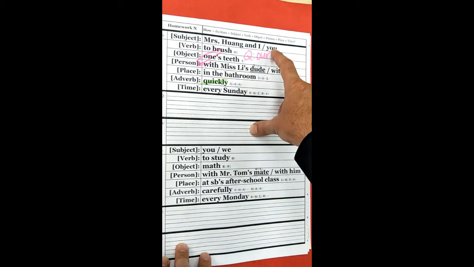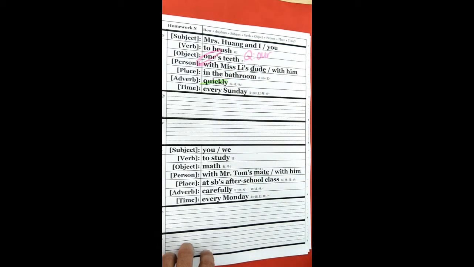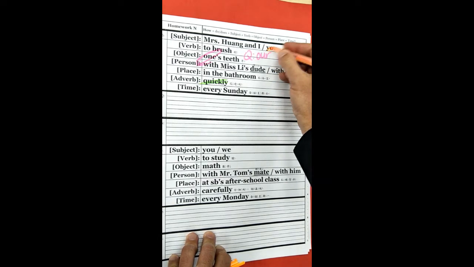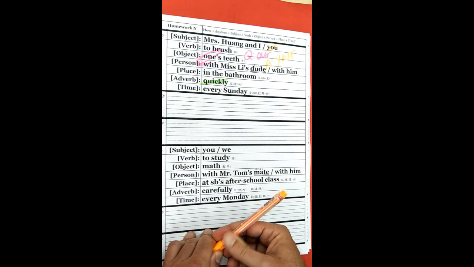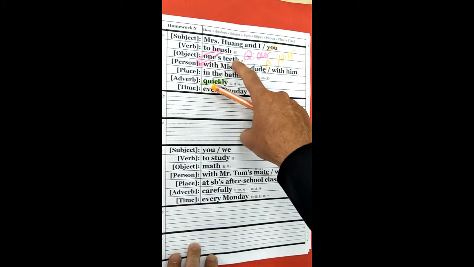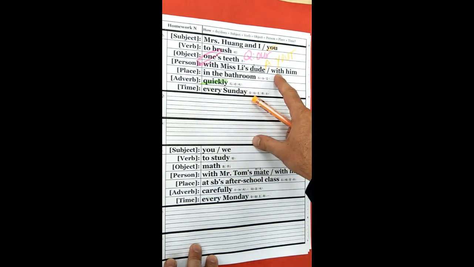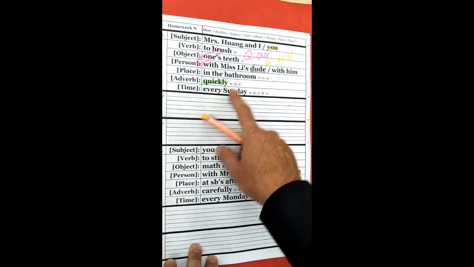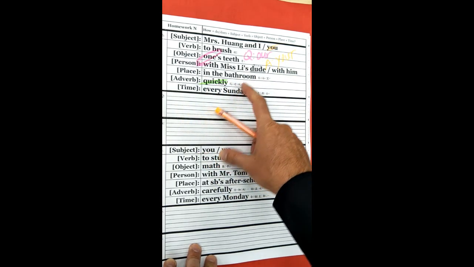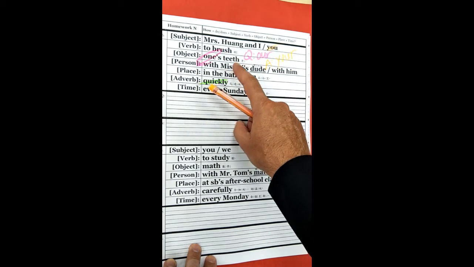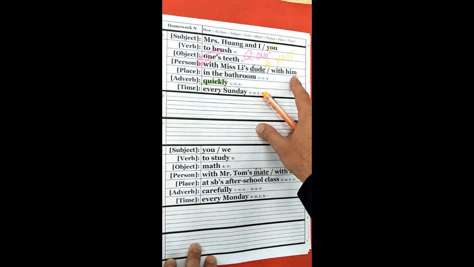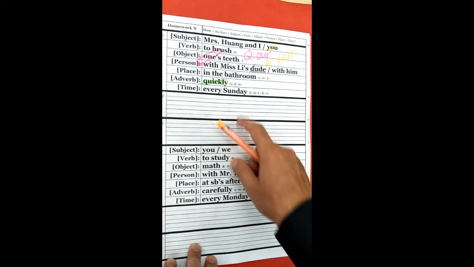Answer. You brush. Okay, we need to change that. The answer is you. Here's you. So the answer is your. You brush your teeth quickly with him in the bathroom every Sunday.